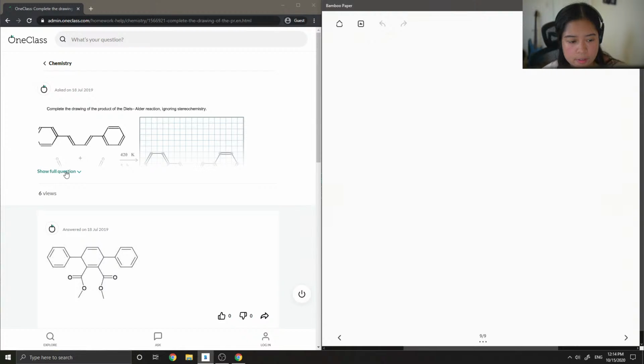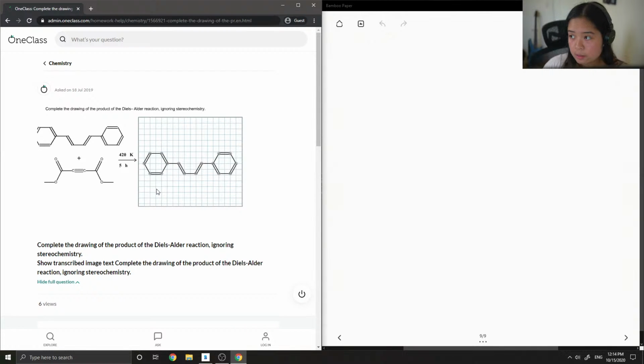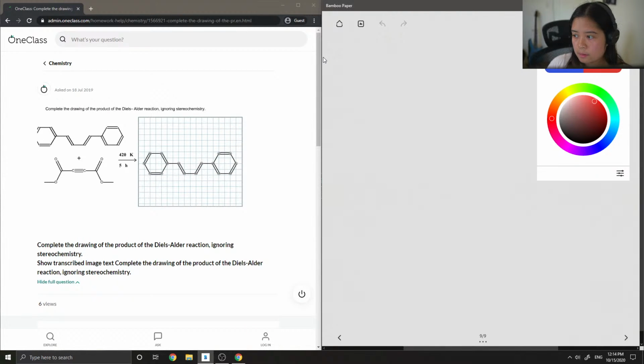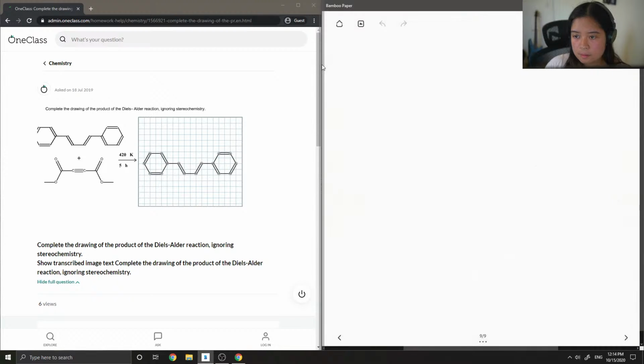Okay, so now we're on to question number 8. Complete the drawing of the product of the Diels-Alder reaction, ignoring stereochemistry. Okay, so we're ignoring stereochemistry for this one. And they just want us to write out the final product.